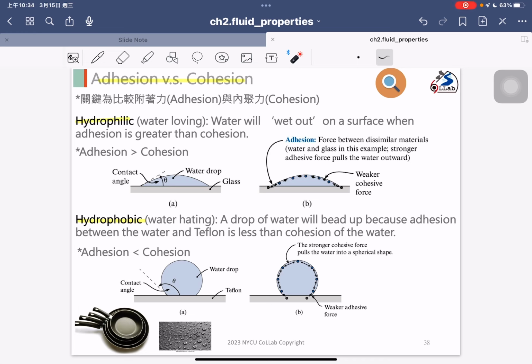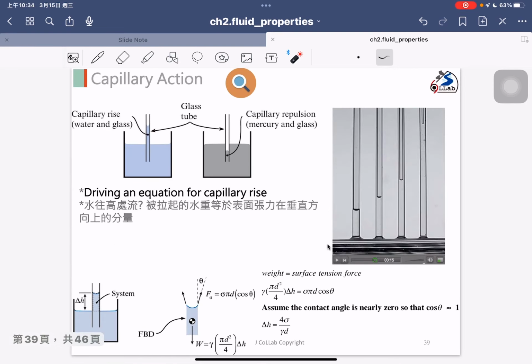The key to the definitions of hydrophilic and hydrophobic is comparing adhesion and cohesion, and you will have different water loving and water hating behavior. It is also related to the surface tension problem.